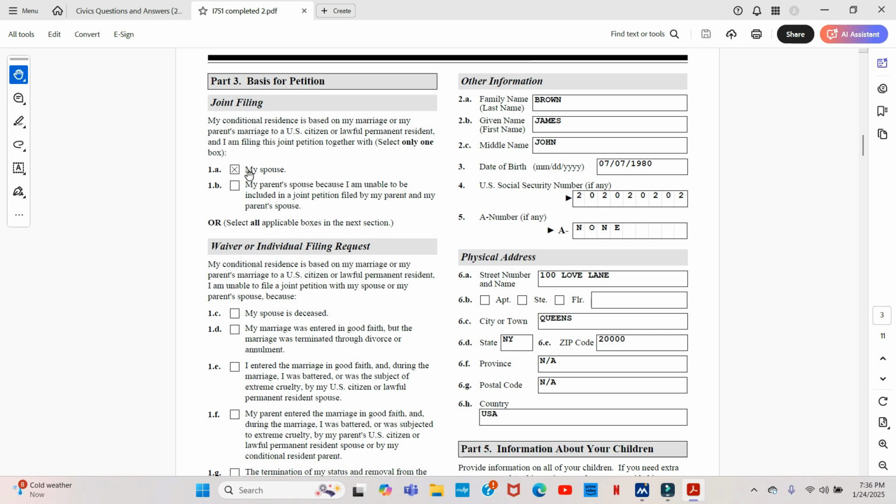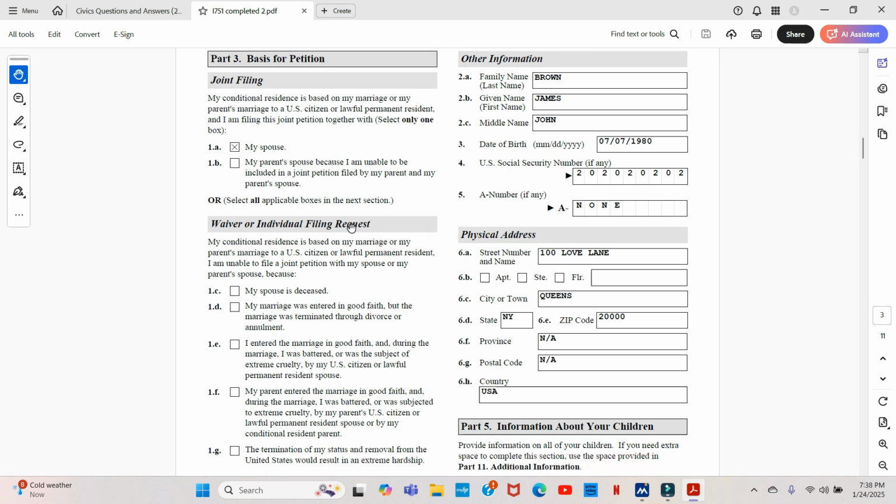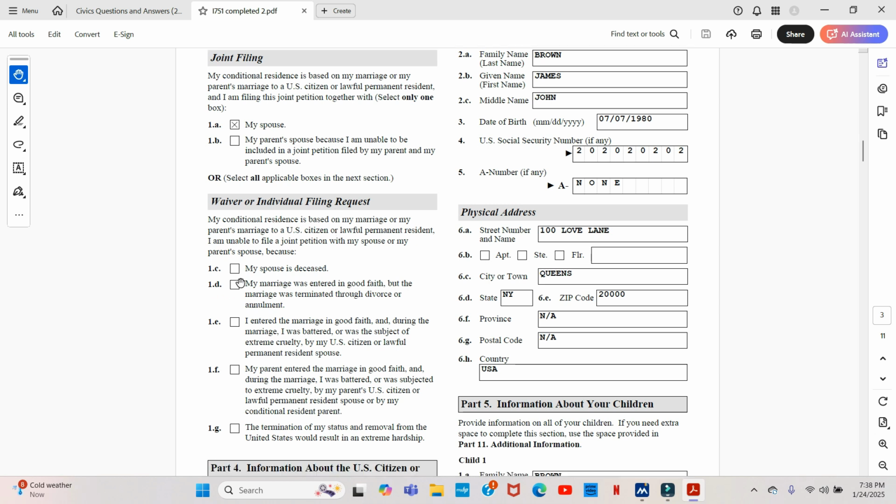Hence, this box is checked. 1B would be for a child who is filing as a derivative applicant based on the fact that one of his or her parent gained status by marrying a permanent resident or U.S. citizen.